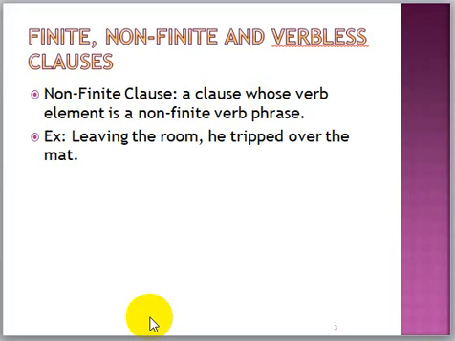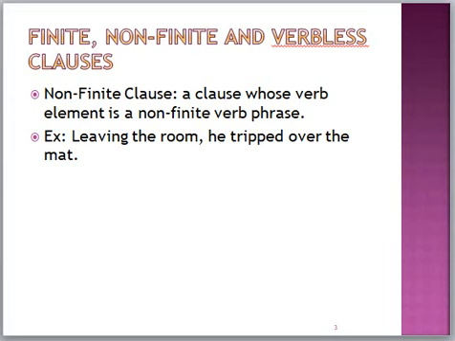The present and past participles: the present participle, which is the verb with -ing, the past participle, which is the verb with -ed, or sometimes with different past participle forms, and the to-infinitive.